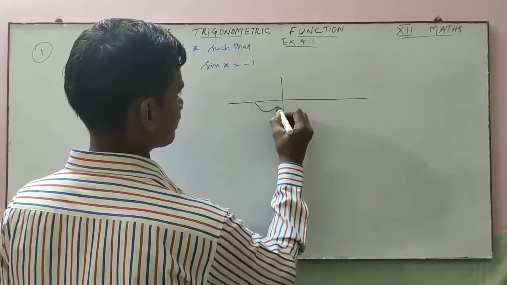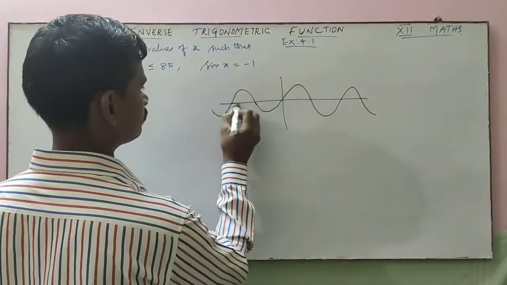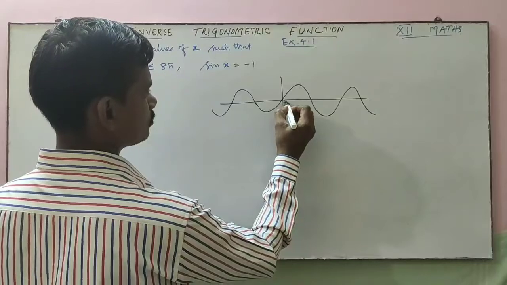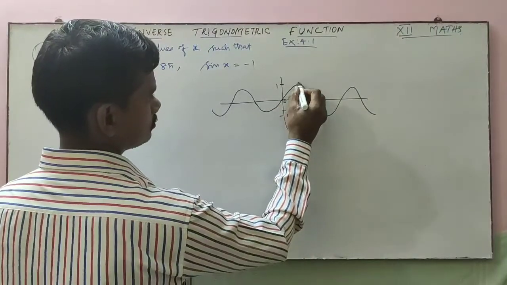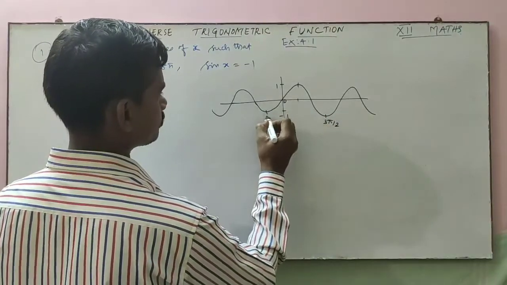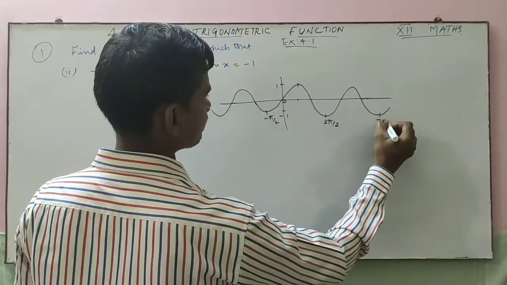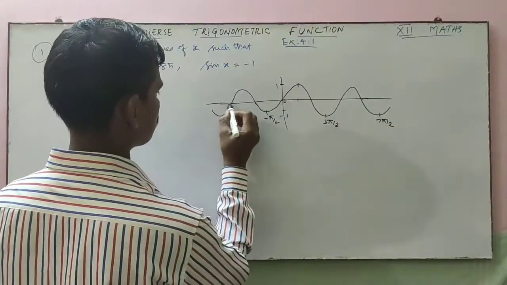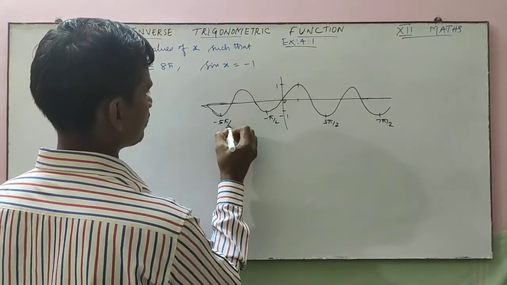So this is the graph of sine curve. 0 here, plus 1 here, minus 1. This is 3 pi by 2, minus pi by 2, and then here 7 pi by 2, here 5 pi by 2.